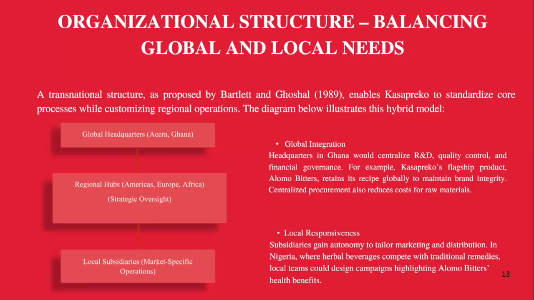A transnational structure, as proposed by Bartlett and Ghoshal, enables Casapreco to maintain standardized core processes while customizing regional operations. With global integration, the headquarters will be in Accra, where they will control research and development, quality control, and financial growth. It will help retain its recipe globally, maintain brand integrity, and centralize procurement.